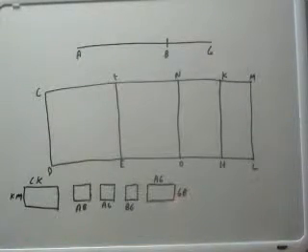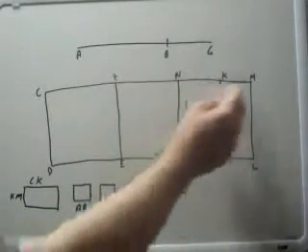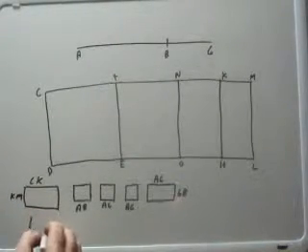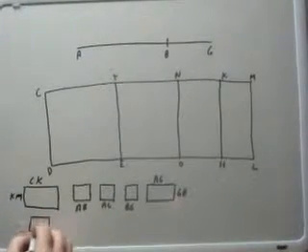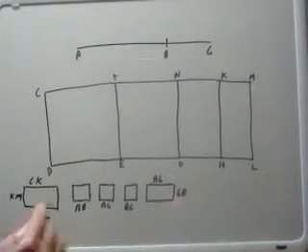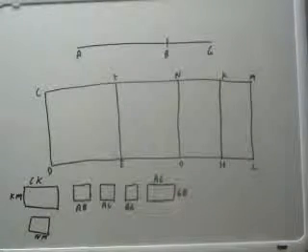What we're going to do about NM? NM is this line right here, and we're going to draw a square right here. And all four sides of this square are going to be the length of NM.